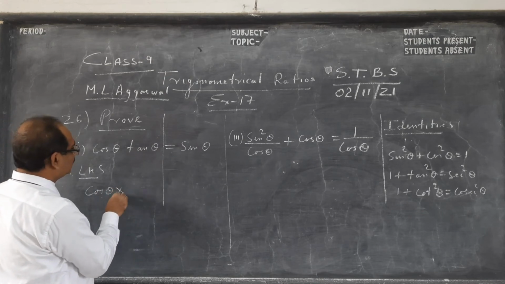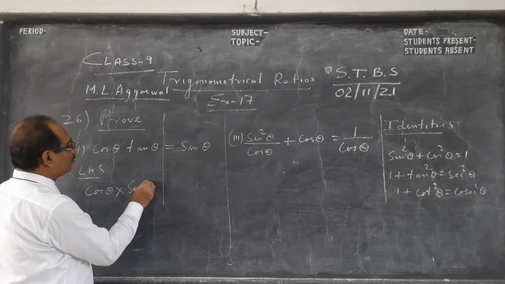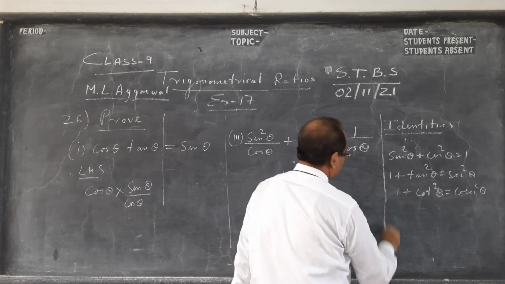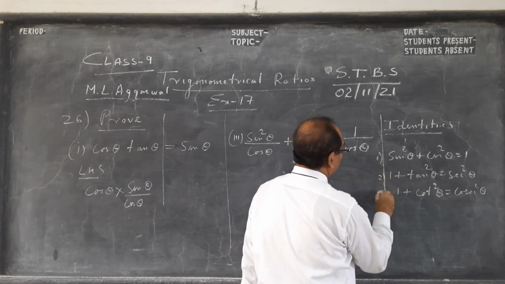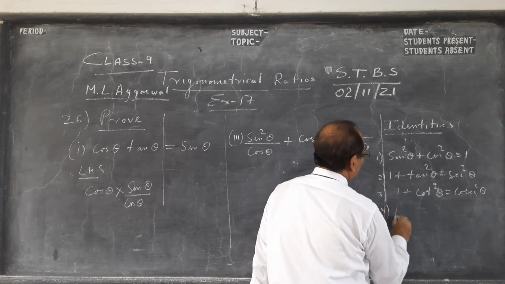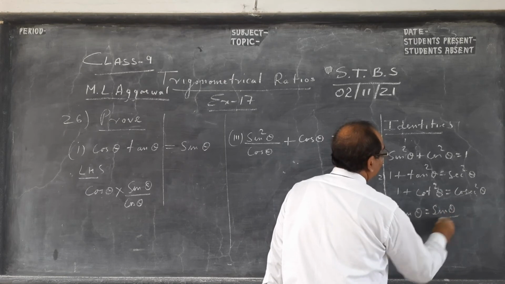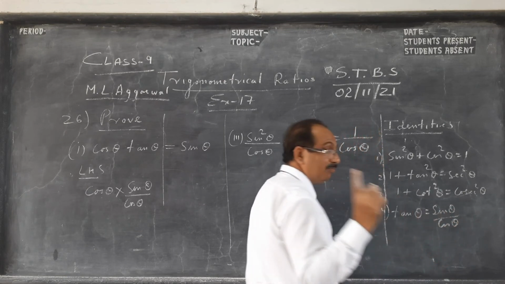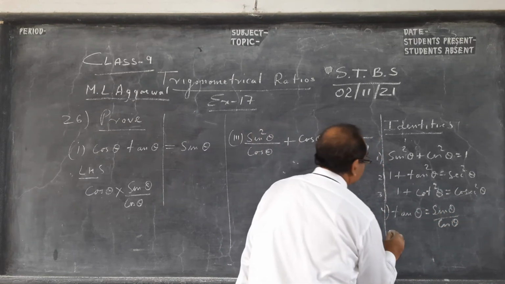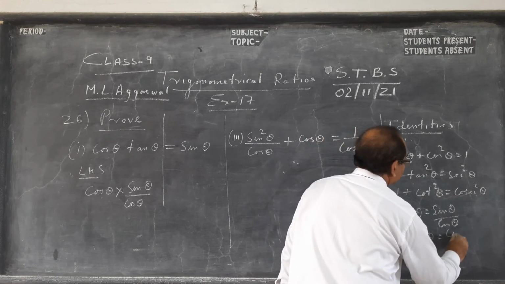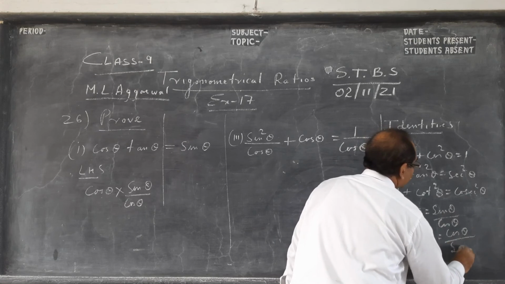Cos theta, tan, children, we know is sin theta by cos theta. So 2 more things here I should add if you wish. 1, 2, 3, and as I have already written before, tan theta is sin theta by cos theta, and in my very first video I talked about the 6 trigonometric ratios, and cot theta is cos theta by sin theta.